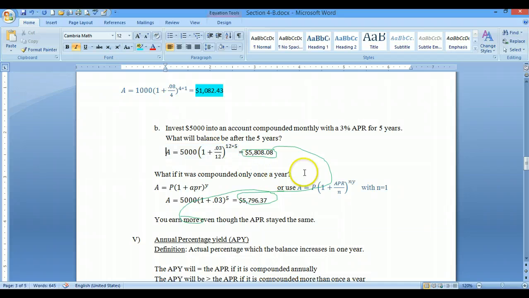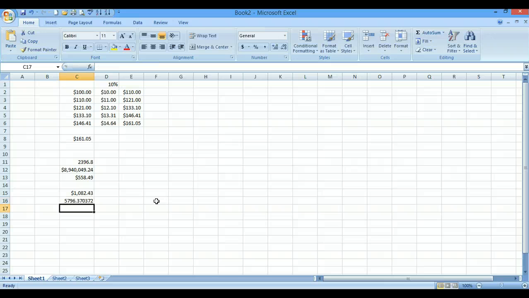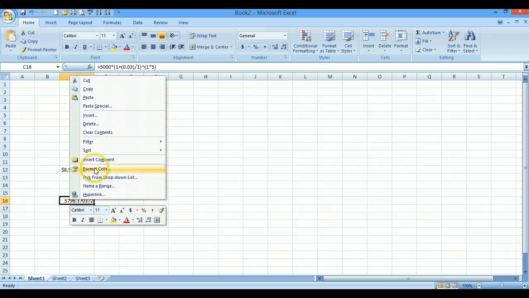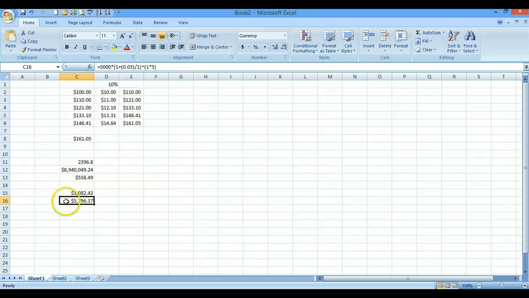So now let's go ahead and do the same thing, but only once a year. And in this case, since I already have that in Microsoft Excel, I can come in here and change the N instead of being monthly to 1 in both places, when I divide by 1 and when I raise it, which gives me, and go ahead and format the cell to be currency, and it gives me my answer, $5,796.